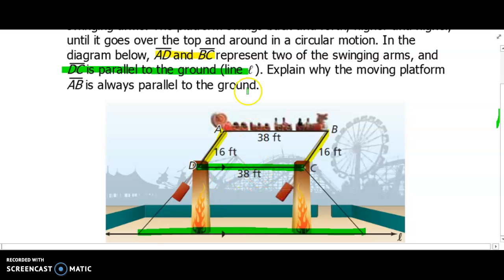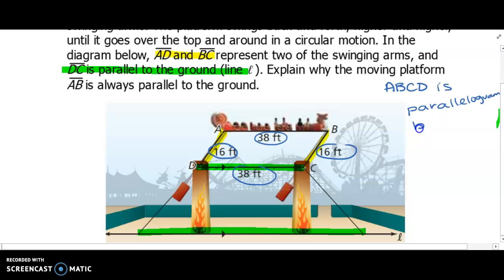Well, if I look at this, 16 and 16, 38 and 38. So I can immediately say that ABCD is a parallelogram by the parallelogram opposite sides converse theorem.